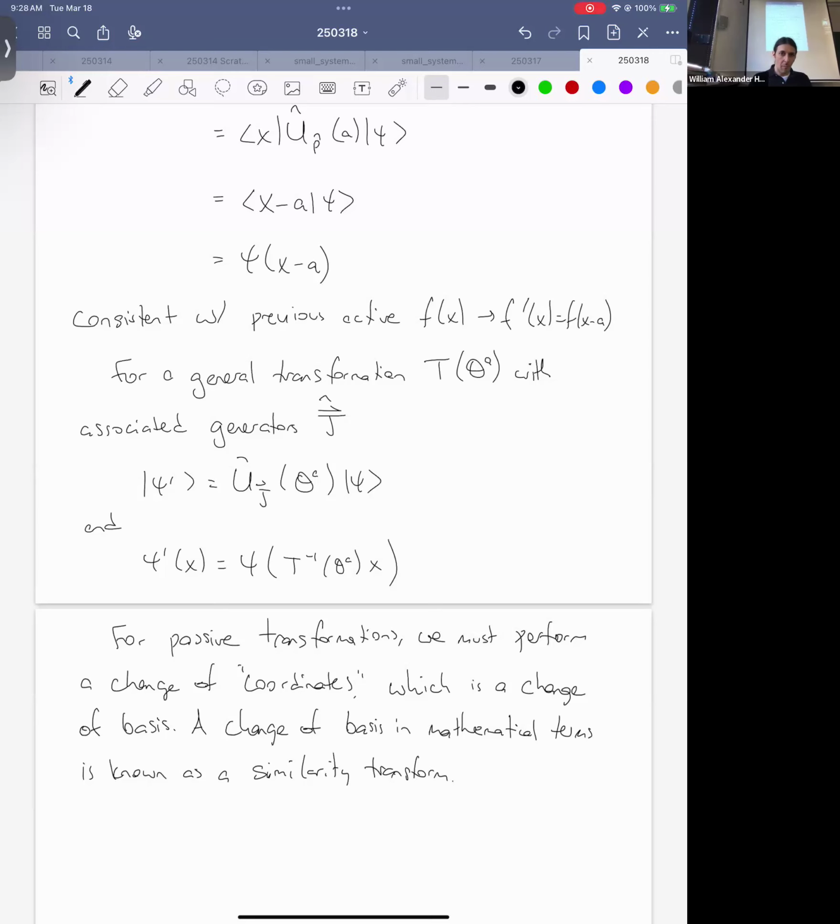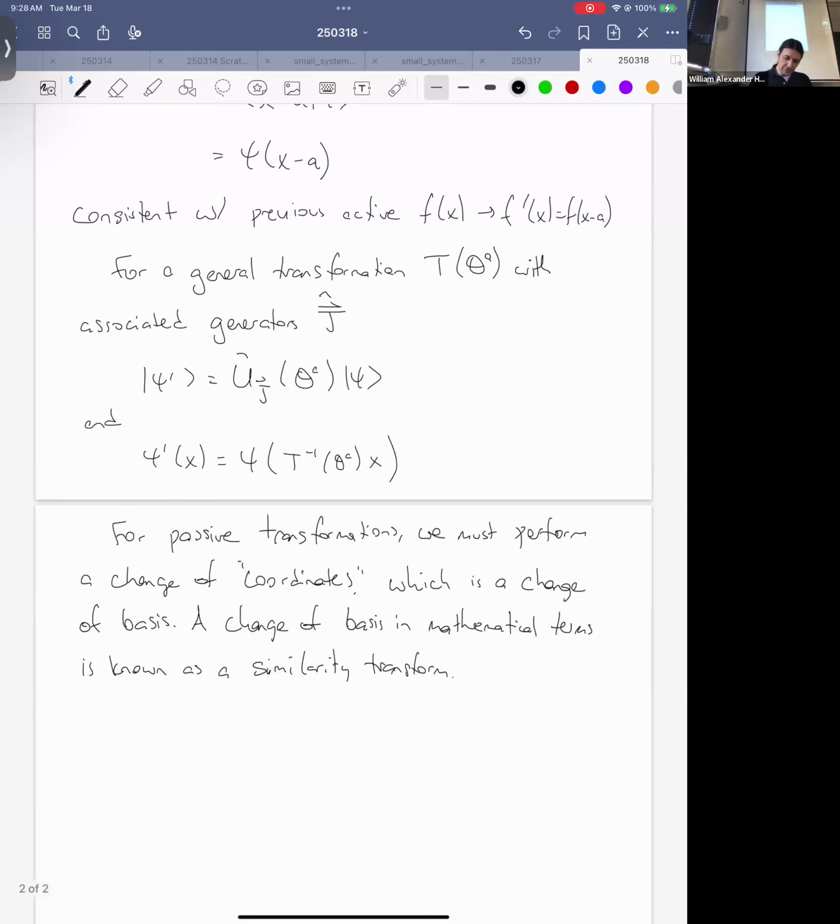What does it mean? So our basis is defined by the eigenkets of an operator. Call it in general O hat, so it could be X hat, P hat.